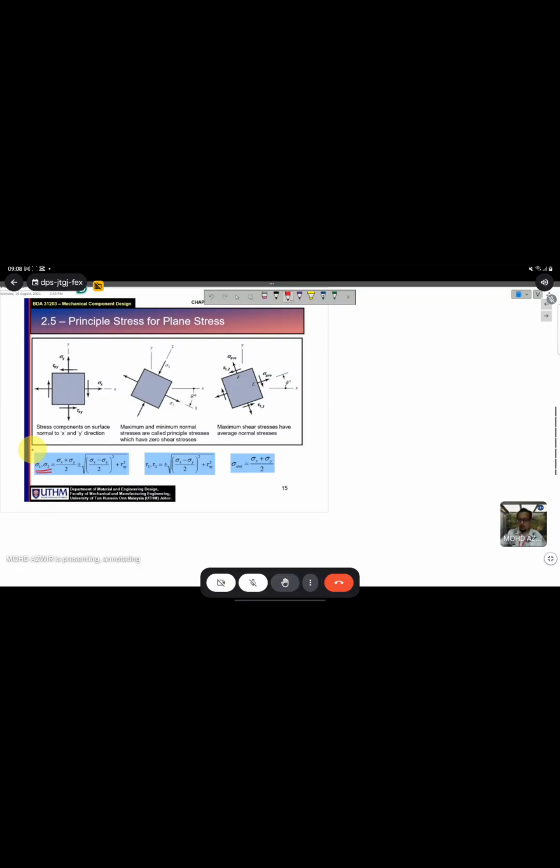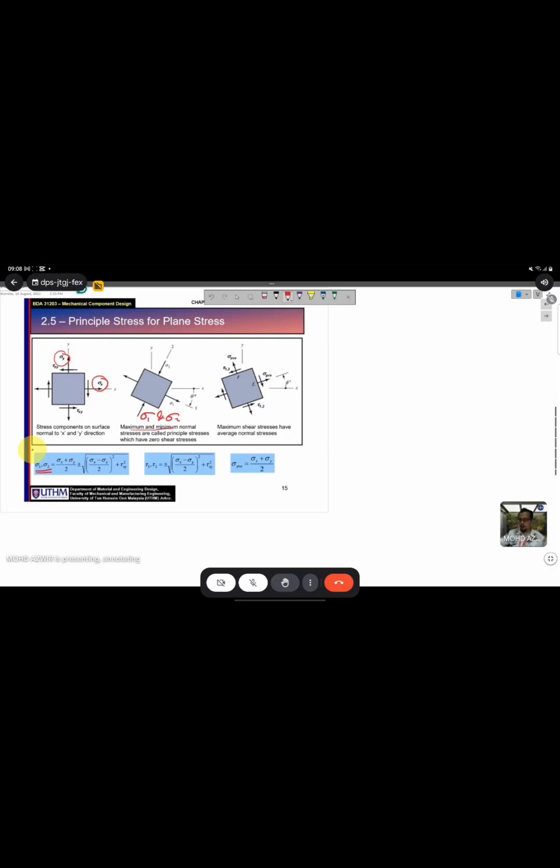The maximum stress happens when we combine both stresses here. We have sigma x and sigma y here. When you rotate this a little bit, the value will become maximum. So we have two kinds of maximum stress. This one we call the maximum and minimum normal stresses, which are sigma 1 and sigma 2.